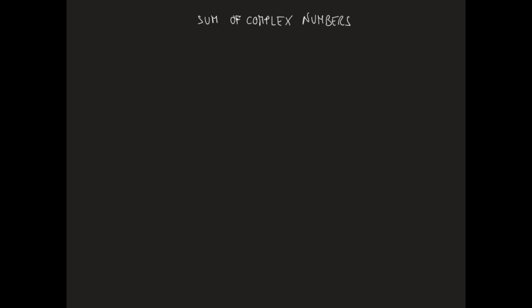Let us suppose we have two complex numbers, z1 and z2, with z1 equal to a plus jb and z2 equal to c plus jd.